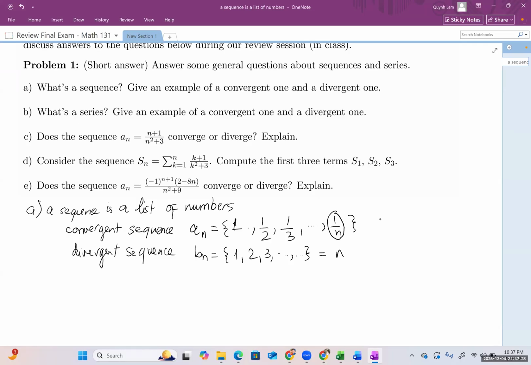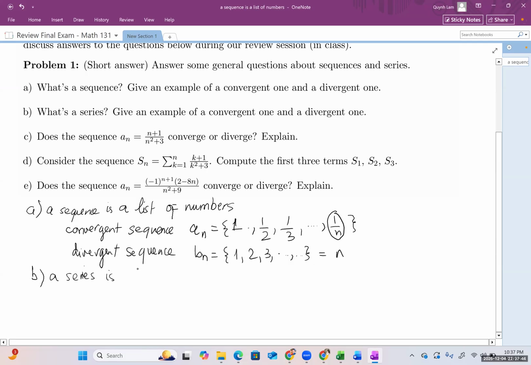So for part B, what is a series? A series, I will say, is a sum of all numbers in a sequence.